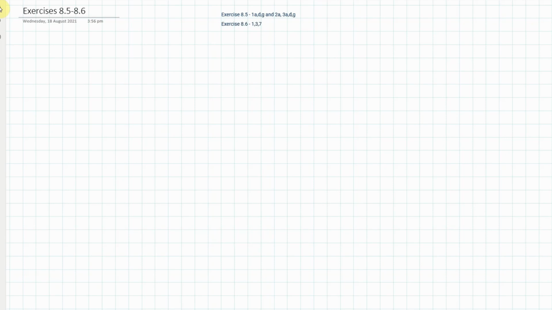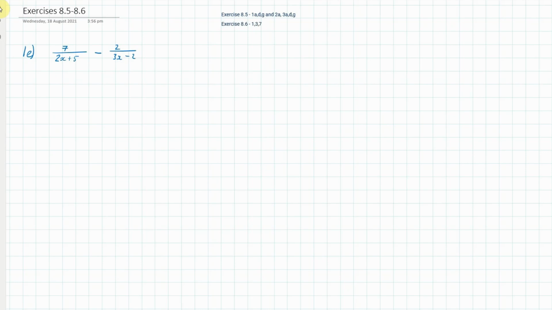I think you've got 1ADG, so why don't I try 1E. So 1E presents us with this. We have 7 all over 2x plus 5, minus 2 over 3x minus 2.